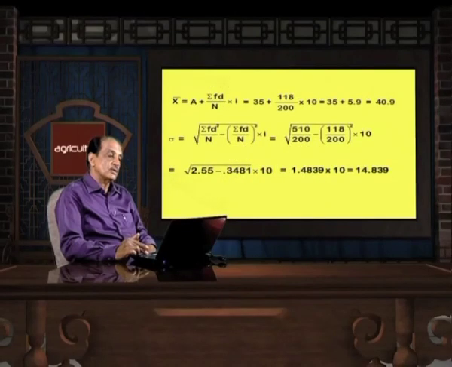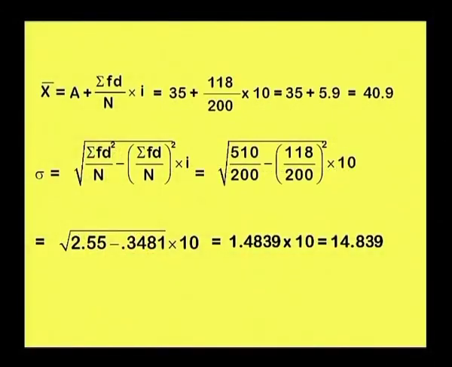Now, we calculate the standard deviation. The formula is the square root of summation f d square divided by n minus the square of summation f d divided by n, multiplied by i. Now, we substitute the values. 510 is the f d square, divided by 200, minus 118 divided by 200, squared.